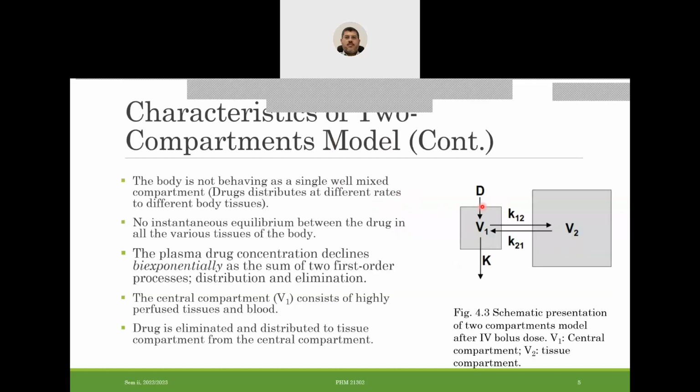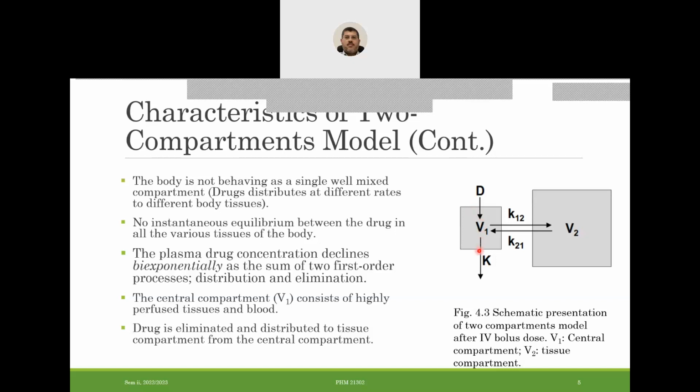So we will draw two compartments: compartment 1 with a volume V1, and compartment 2 with volume V2. Then represent the injection by the dose, and this arrow. We didn't put any rate constant here because the bolus injection is given immediately, so there is no rate of administration. It is given instantaneously.